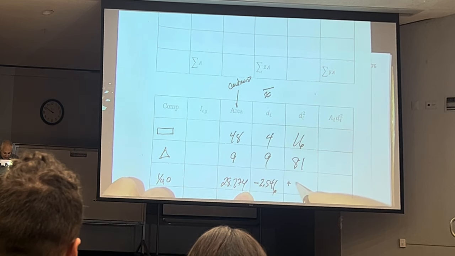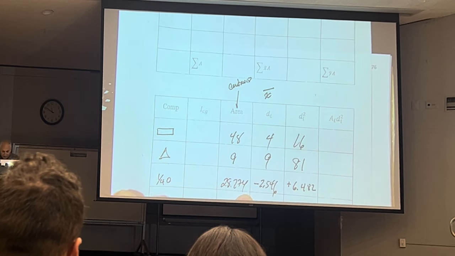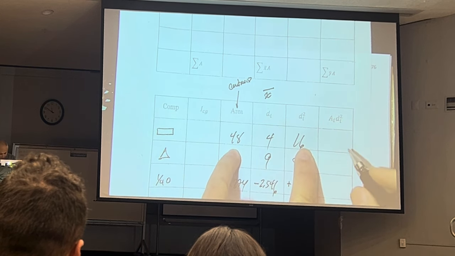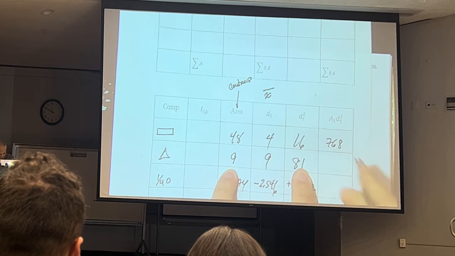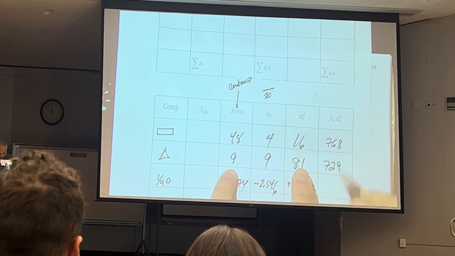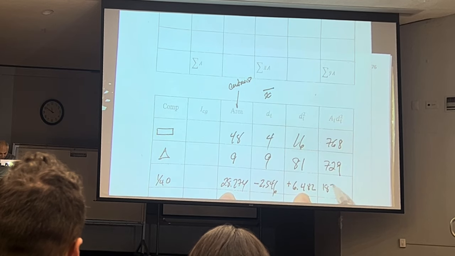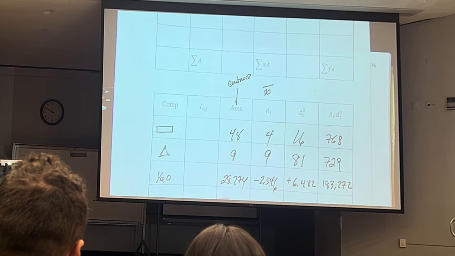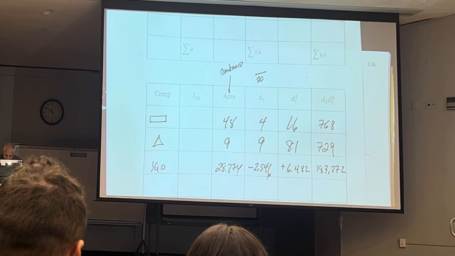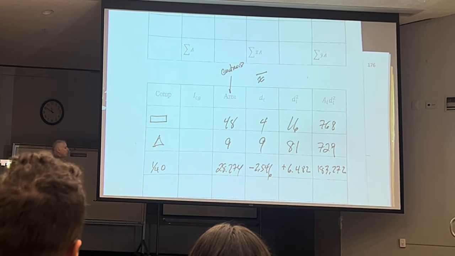Square gives me a positive 6.482. Now I multiply these columns together: 768, then 729, then 183.272. Sum the last column: 1680.272. Bingo.